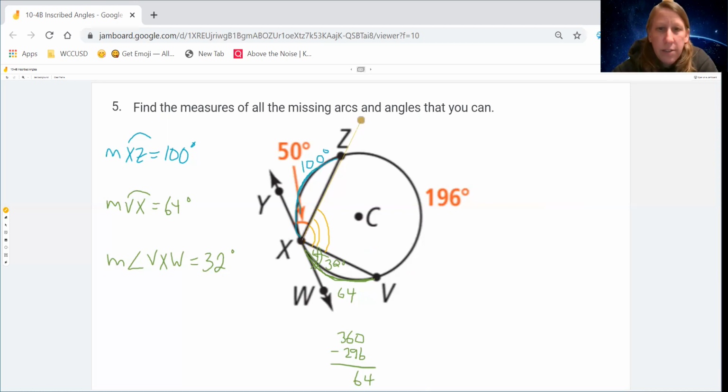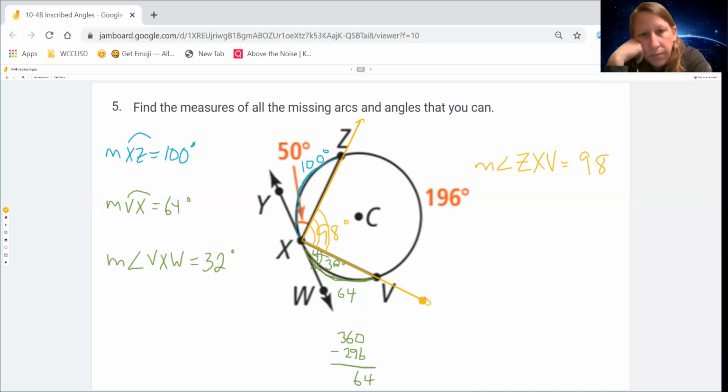Because we're learning about inscribed angles, I'm going to do this way, which is that the measure of angle ZXV is half of 196. So I'm going to do 196 divided by 2. That's 98. Does that look like a little bit bigger than a right angle?